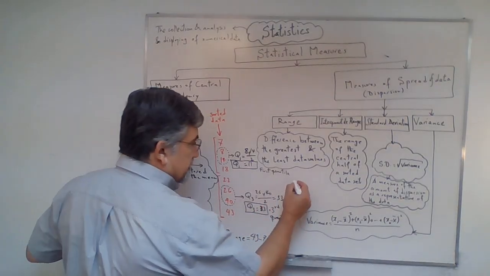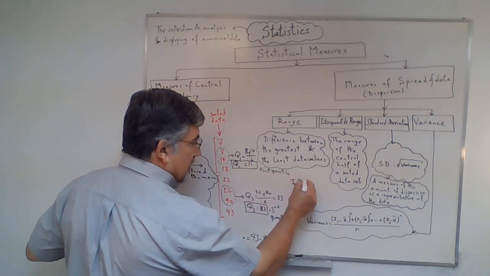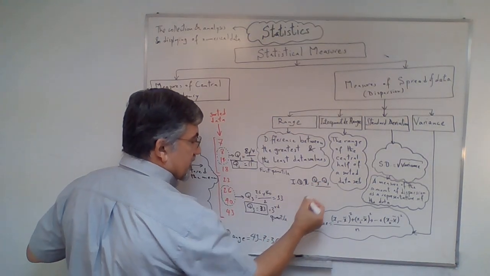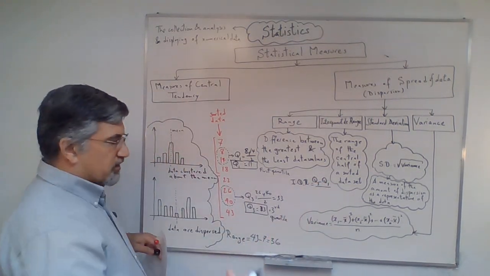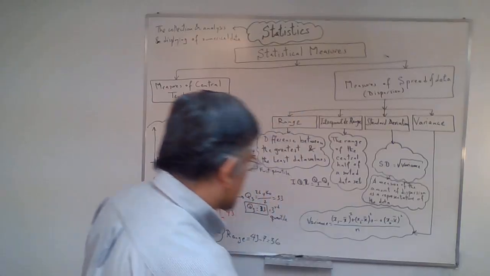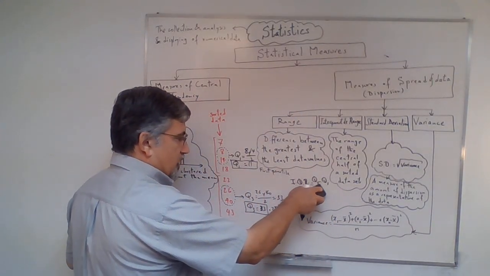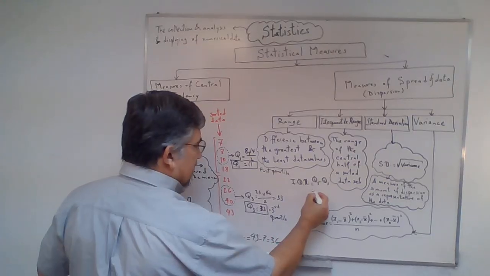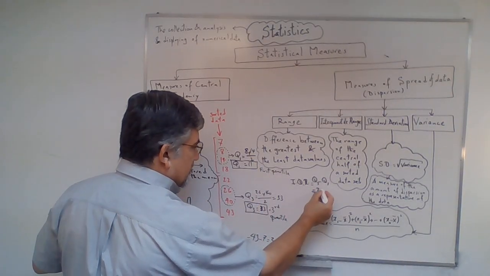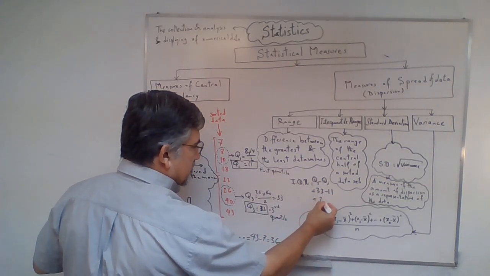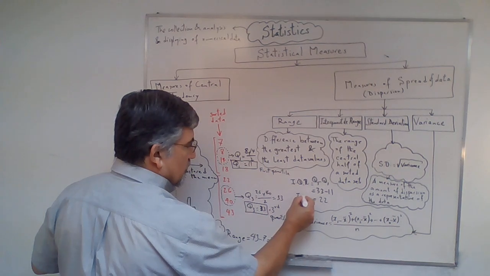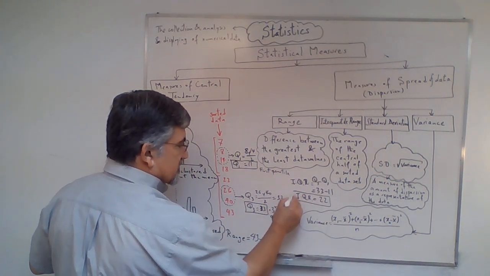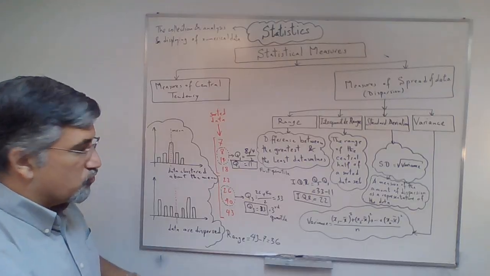So interquartile range is Q sub 3 minus Q sub 1. It's not divided by anything, it's just the difference: third quartile minus the first quartile. In this case, we have 33 take away 11, which would be 22. So if they say calculate interquartile range, the answer would be 22.